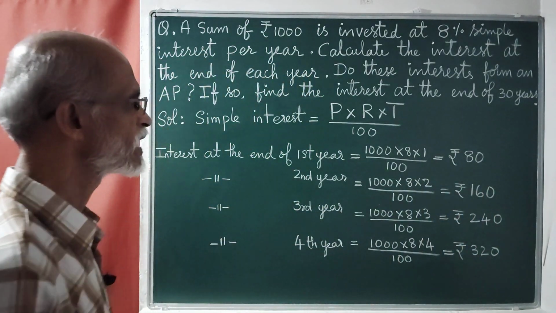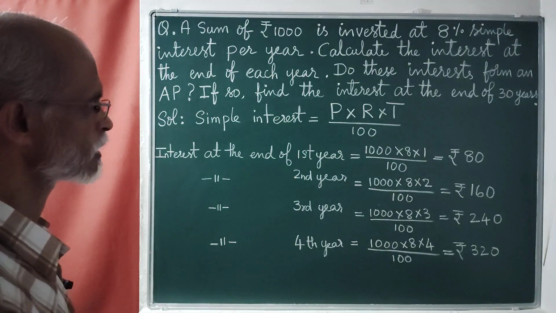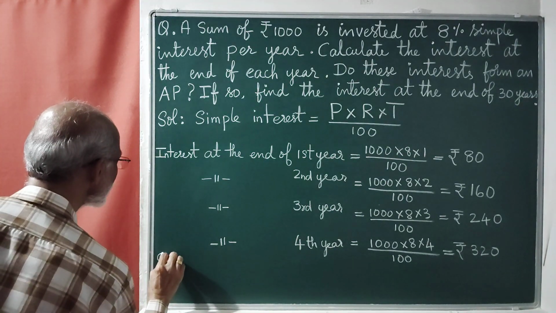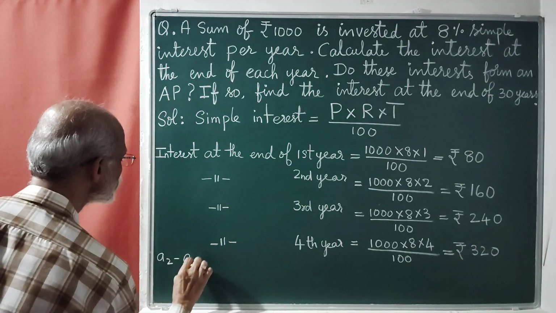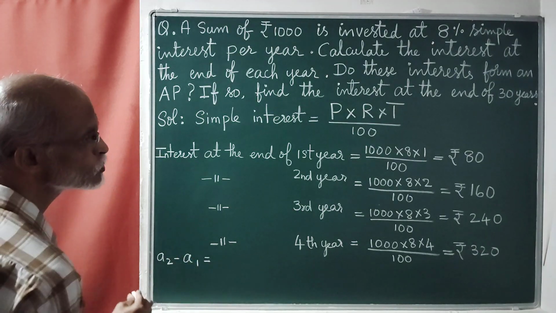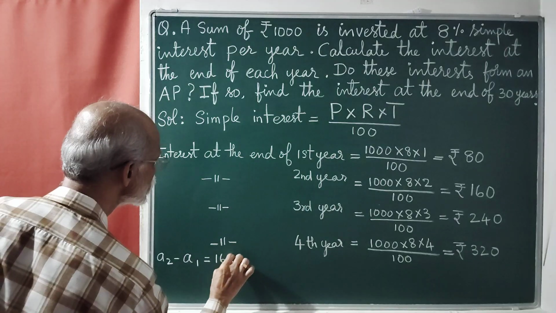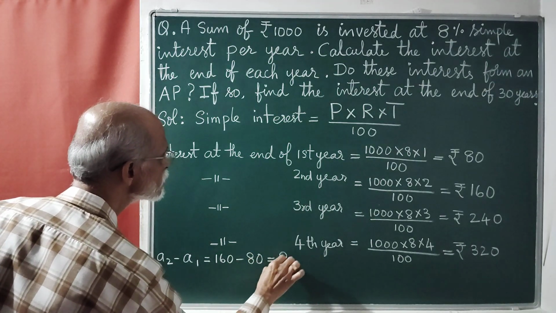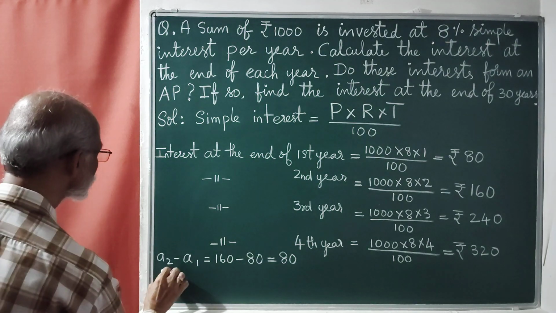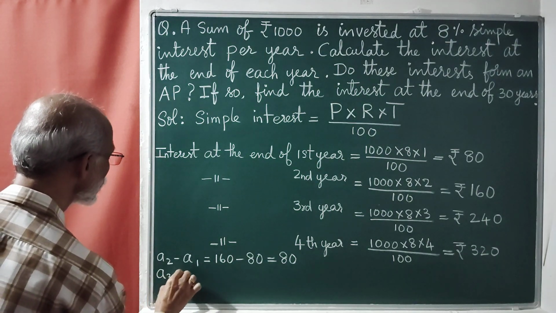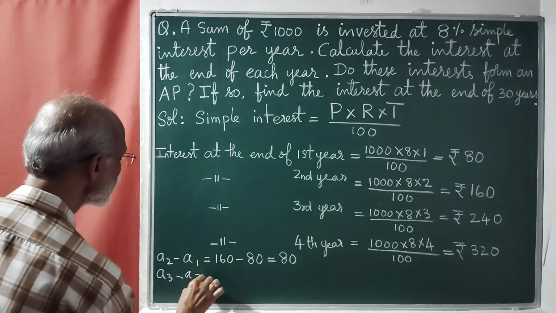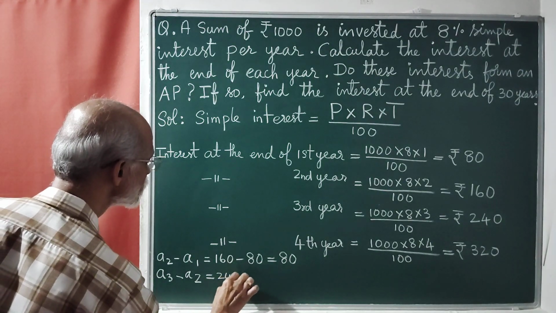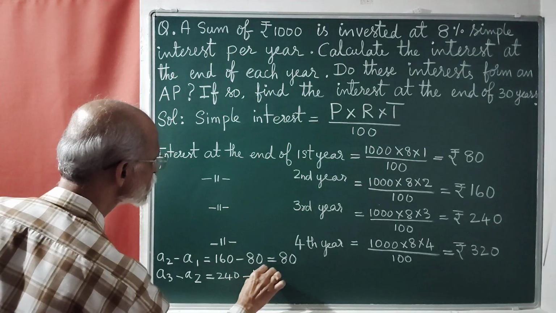Now we will check whether they are in AP or not. So A2 minus A1, that is 160 minus 80. We are getting 80. Then A3 minus A2, 240 minus 160.